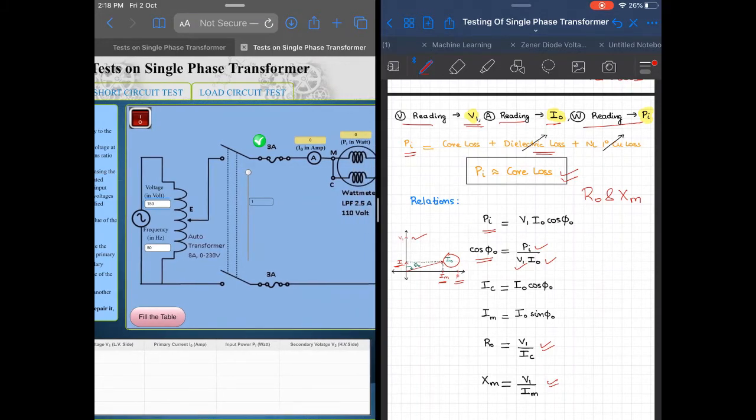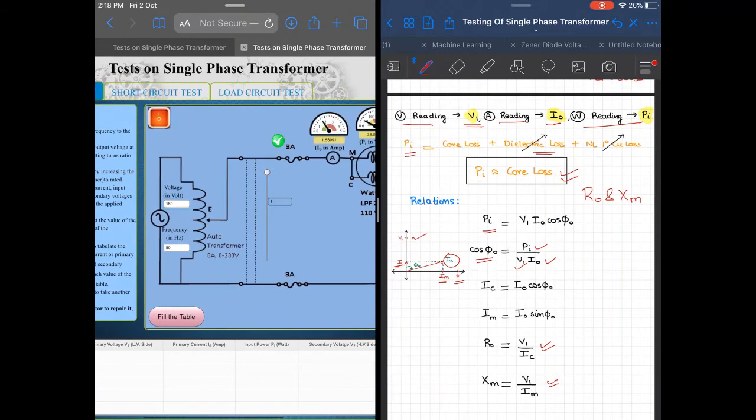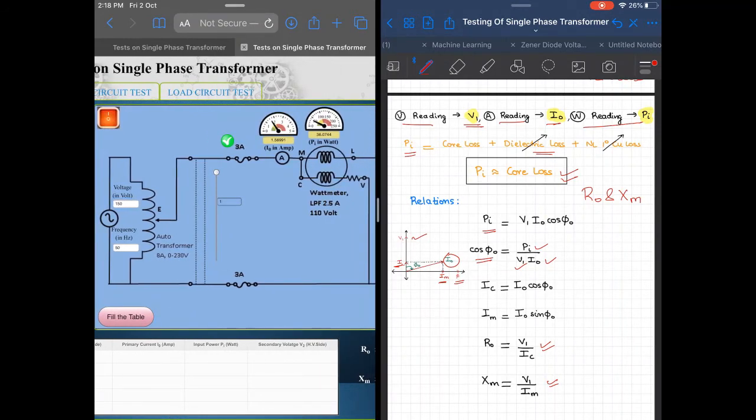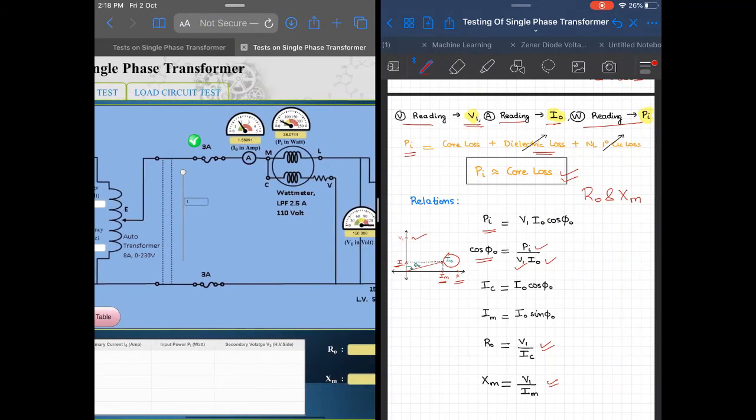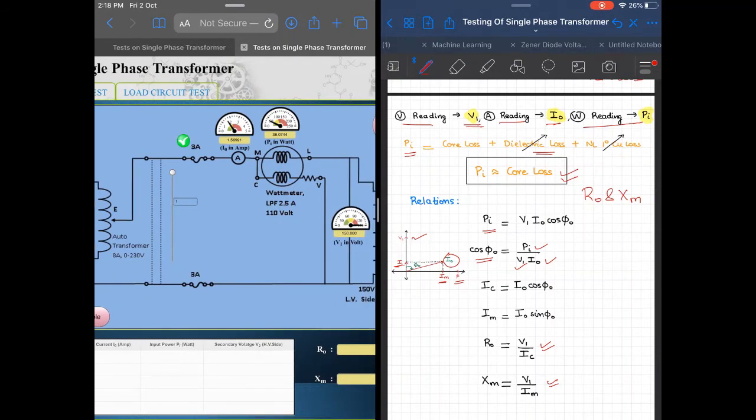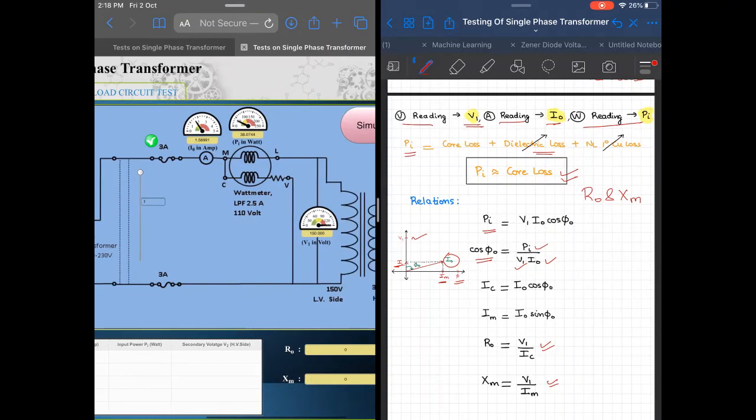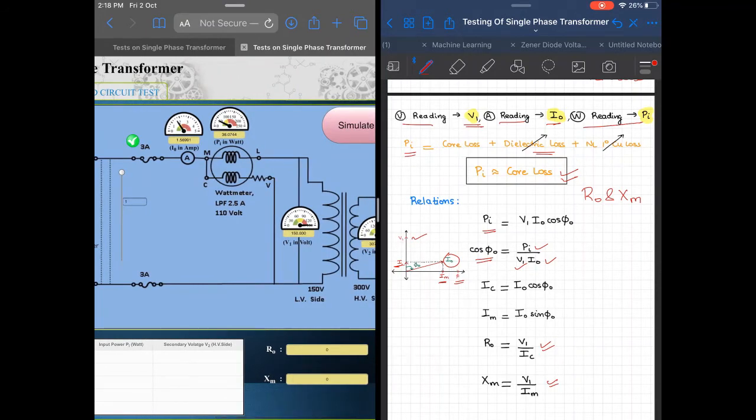We will now switch on the supply and observe the no load current value I naught, the PI value, that is the wattmeter reading, and the primary voltage value.